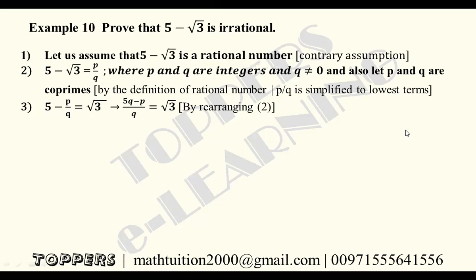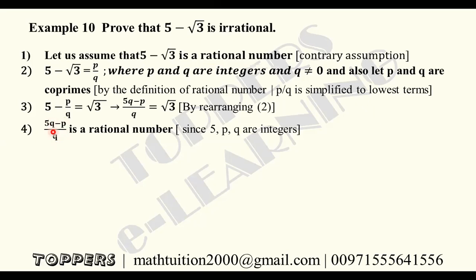Now what is the next step? Next step, we are stating the truth that our LHS, in this expression, (5q minus p) by q, is a rational number. By the reason, numerator is an integer, denominator is also an integer.